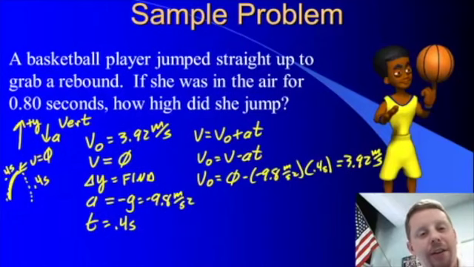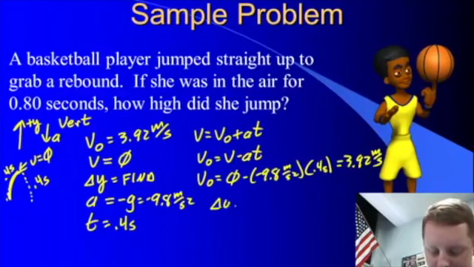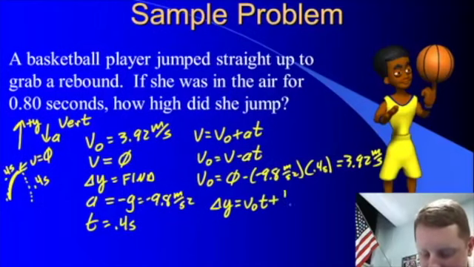Now we can solve for delta y. We can use any equation we want that has delta y in it, and the easiest one that I can think of is delta y equals v naught t plus 1/2 at squared. And we can substitute in directly.